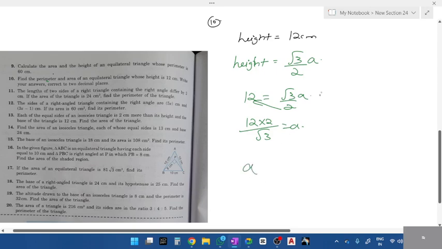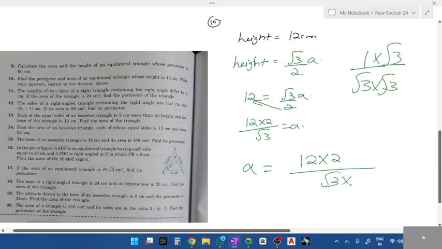Whenever we have root 3 in the denominator, we have to multiply in numerator and denominator. So a equals 12 into 2 over root 3. Let us multiply numerator and denominator. Now what do we get?